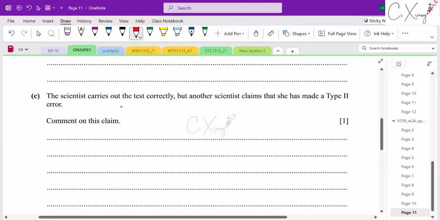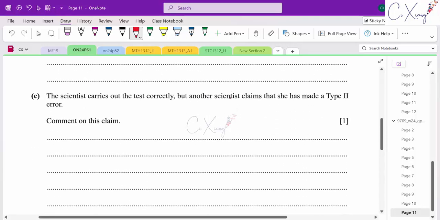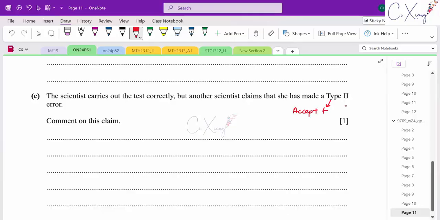Let's have a look at the last part. The scientist carries out the test correctly, but another scientist claims that she has made a type 2 error. So the scientist carried out the test, no problem. The conclusion, everything has no problem. But another scientist says, oh, you made a type 2 error. So is it possible? Type 2 error basically means that you accept the null hypothesis when the null hypothesis is false.